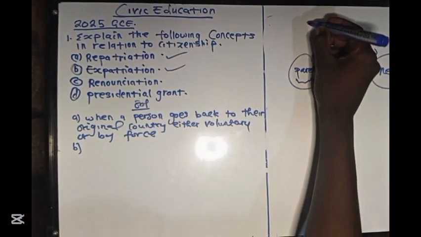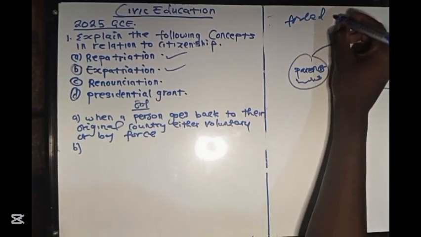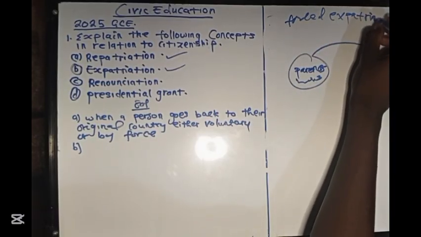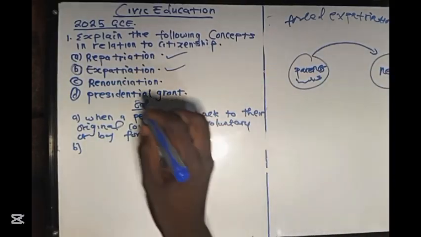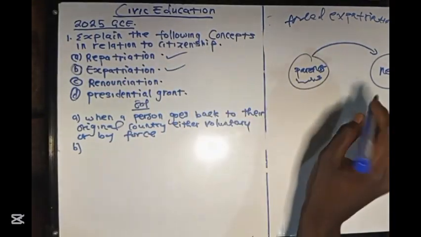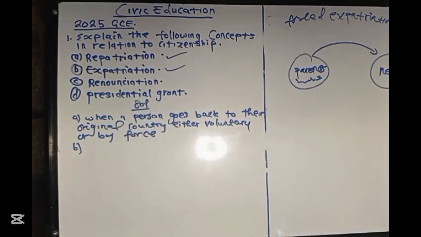So we are going to call that forced expatriation. Because the boy has been told to go out of the house of the parents and live in the neighbor's house. So that is expatriation.